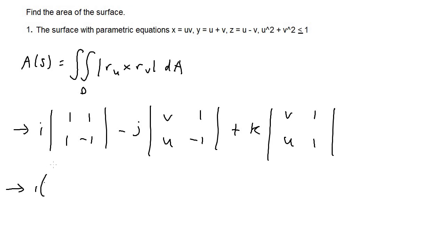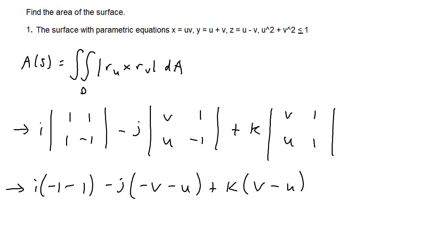So we have i times 1 times -1 is -1, minus 1 times 1 is 1, minus j times v times -1 is -v, minus u times 1 is u, plus k times v times 1 is v, minus u times 1 is u. So when we simplify, -1 minus 1 is -2, so we have -2i, -v minus u. Now I can factor out a -1, so we have -1 times v plus u.